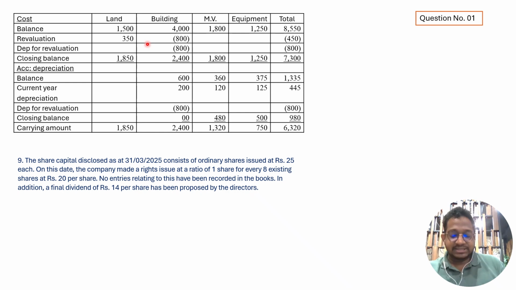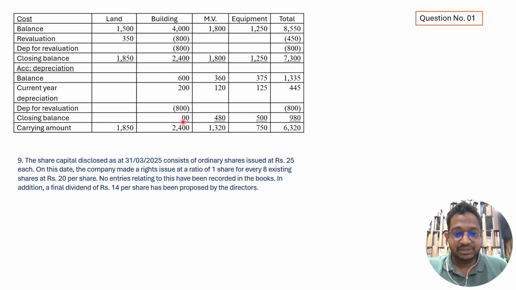Okay. And the second adjustment is given about the building, and the building was revalued for the first time on 31st March 2025, resulting in a revaluation loss of 800,000. So your revaluation loss is 800,000, and the accumulated depreciation transferred at the revaluation is 800, right?